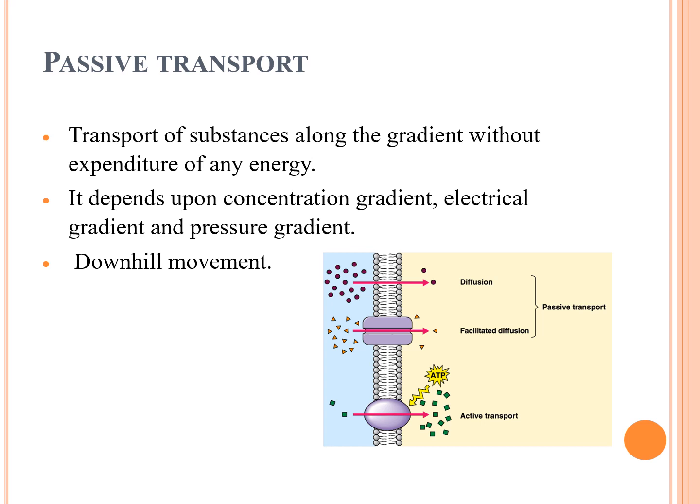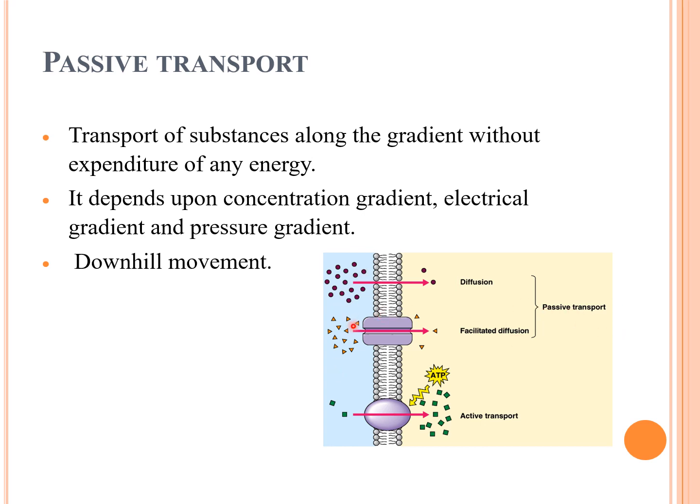It depends on factors like concentration gradient, electrical gradient and pressure gradient. In passive transport, the substances are transported from higher concentration to lower concentration. Here you can see diffusion and facilitated diffusion. These two are the different passive transport mechanisms.